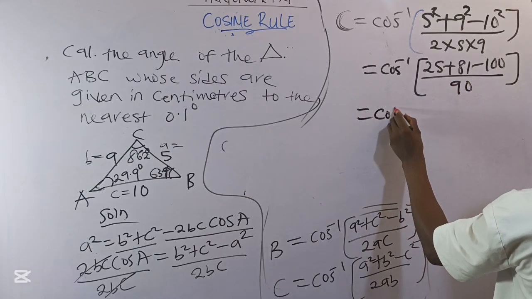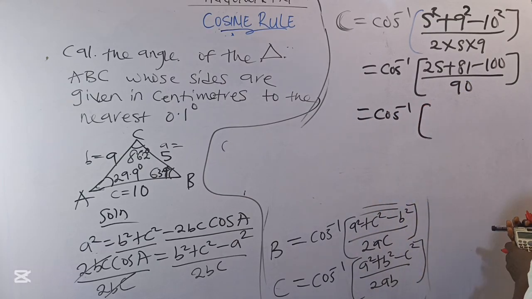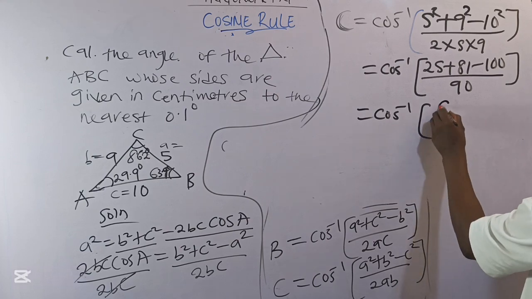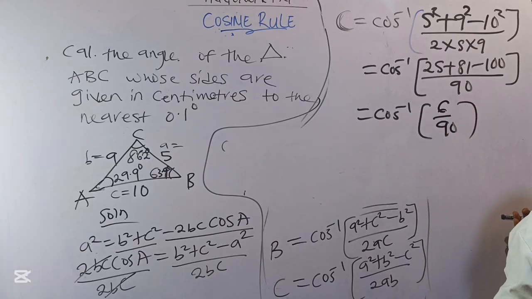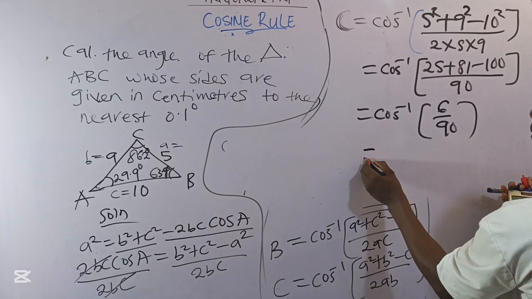So I have cos inverse of 25 plus 81 minus 100, giving me 6 over 90.